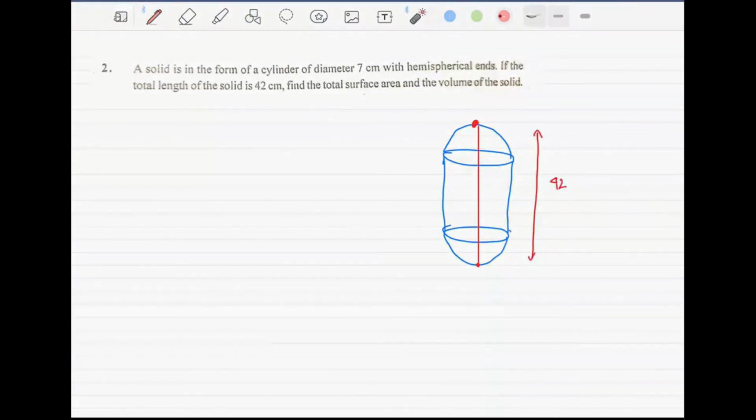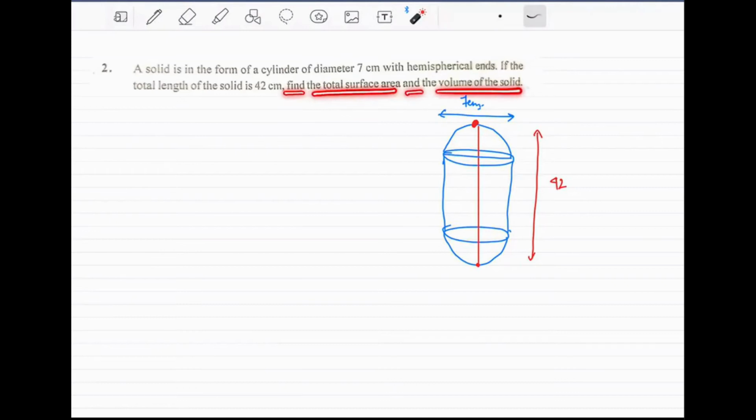What is given? A solid is in the form of a cylinder of diameter 7. The radius of the cylinder is not given, but instead the diameter is given, 7 centimeter. The question wants us to find the total surface area and volume of the solid. So let's write down what is given first.